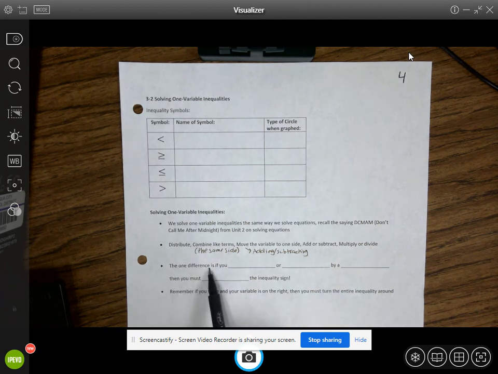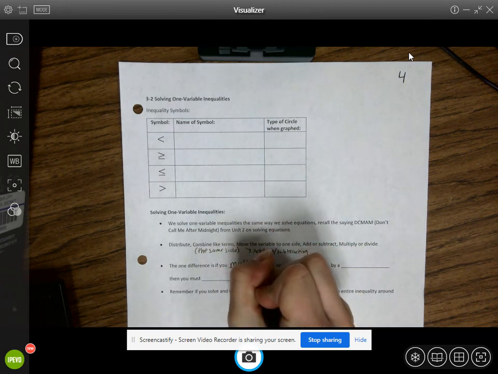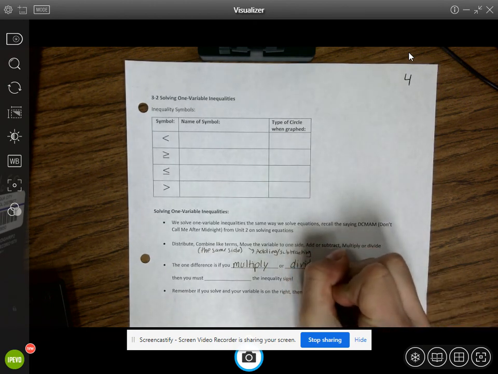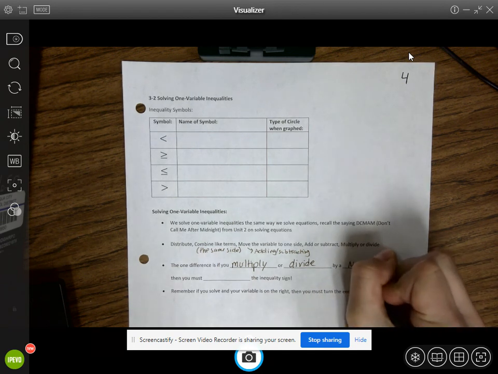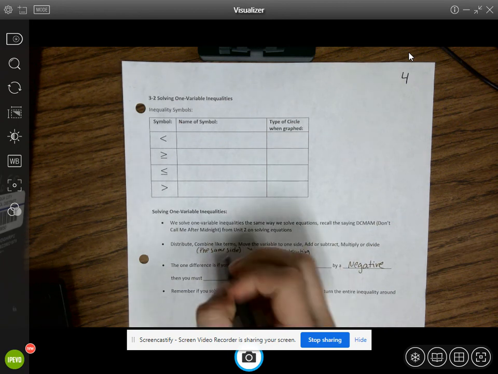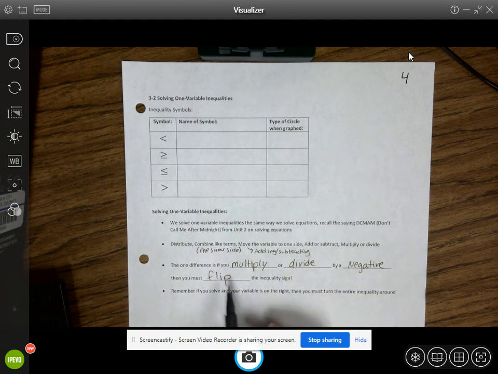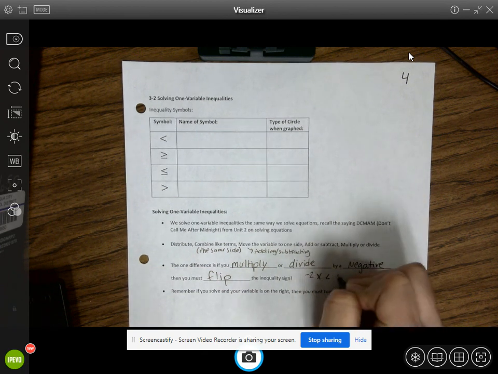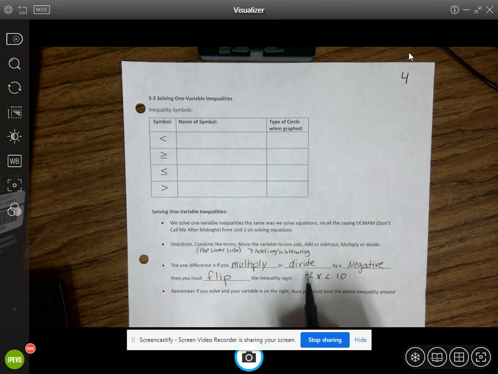There's one difference. The one difference is if you multiply or divide by a negative. If at any point you multiply or divide by a negative, then you must flip the inequality sign. So if I had negative 2x is less than 10, I have negative 2 times x.